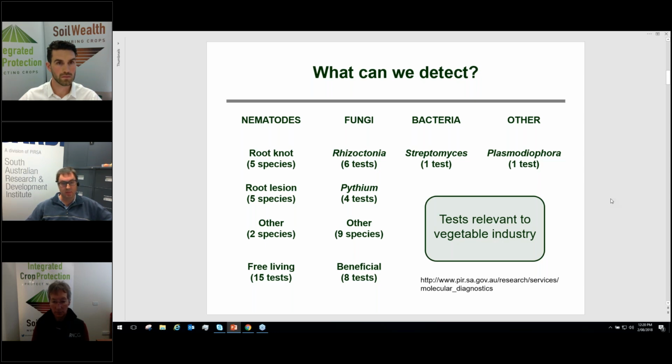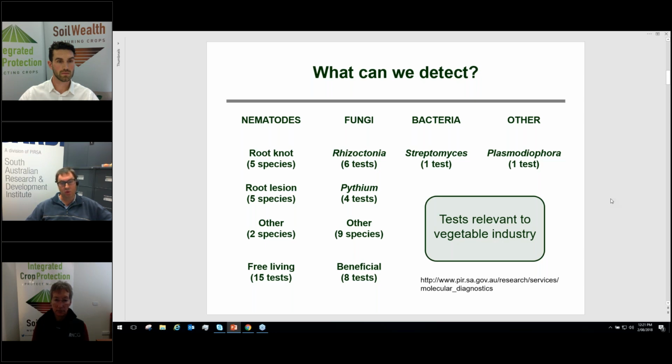We also have a stem nematode test and a clover cyst nematode test as well, which can be applicable to certain crops. Now on the bottom, which has been used a bit in broadacre, but not so much in horticultural situations, although we are starting to investigate it, we have a series of 15 what we call free living nematode tests. So you're basically looking at your beneficial side of things to give you the balance.